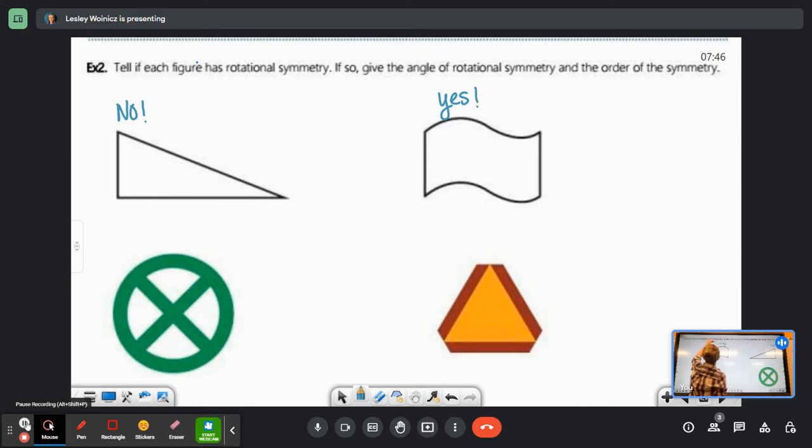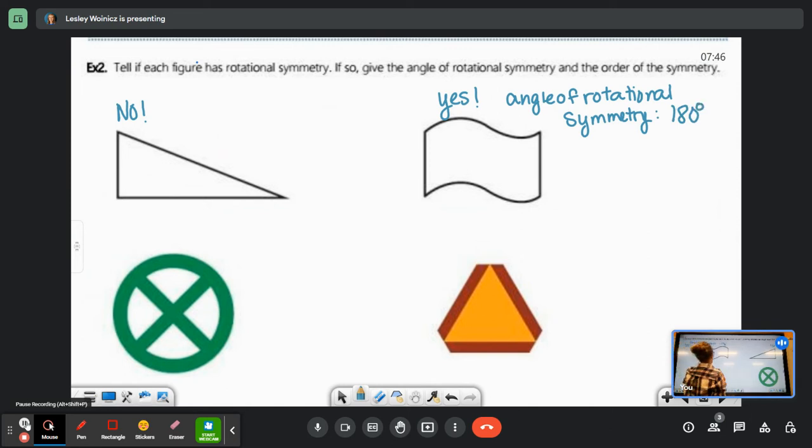And it has an angle of rotational symmetry. Oops, I want that to be an A. Rotational symmetry. And the angle is 180 degrees.